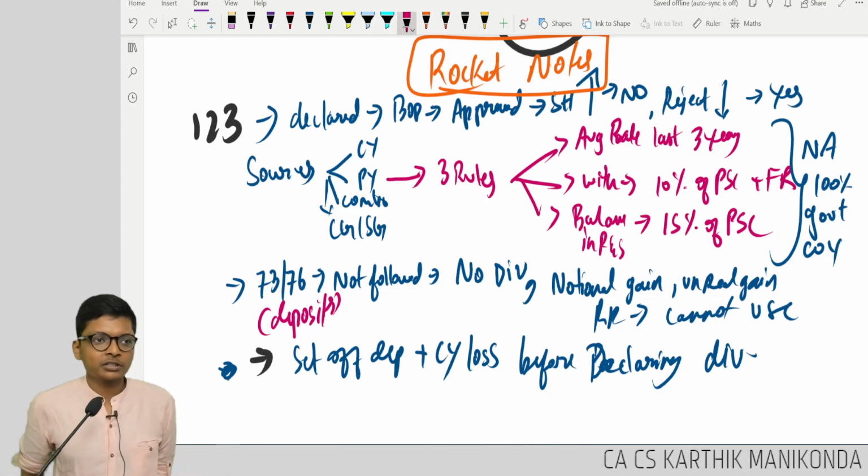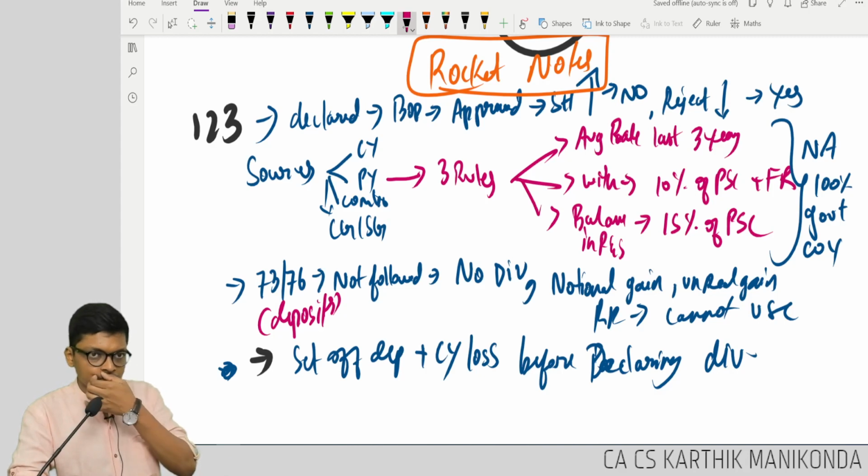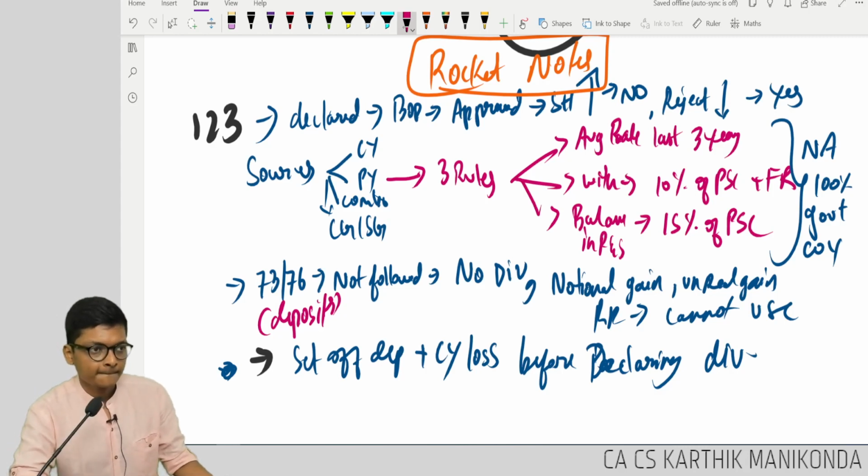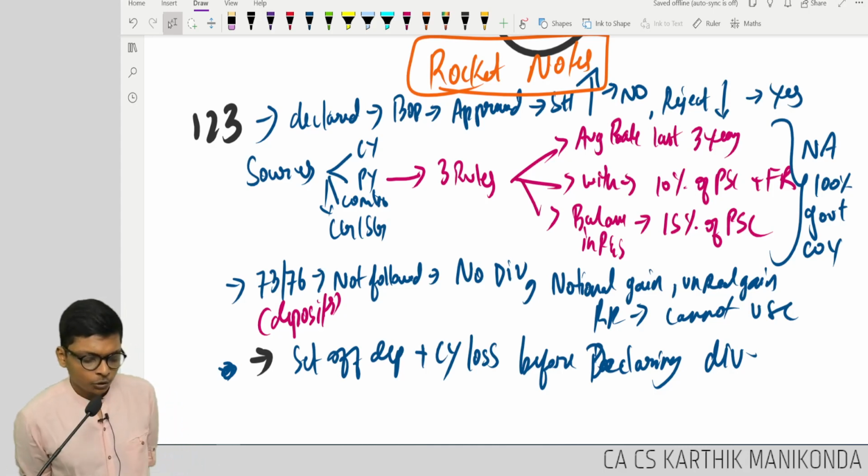Quickly write down these rocket notes, guys. Fast for 123. Quickly write in your own words.